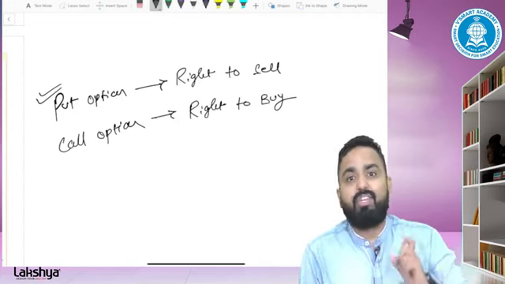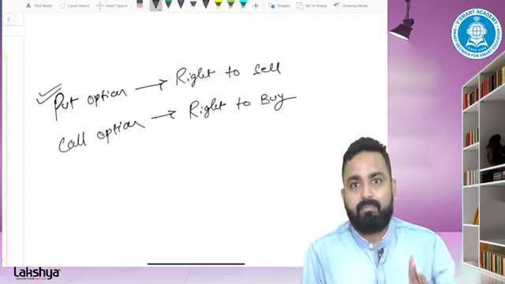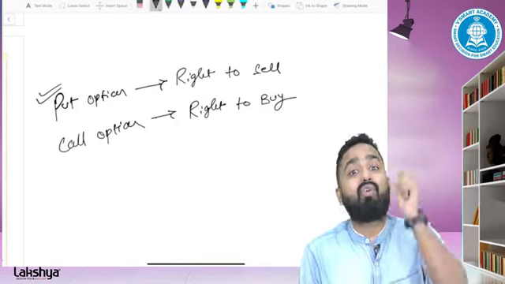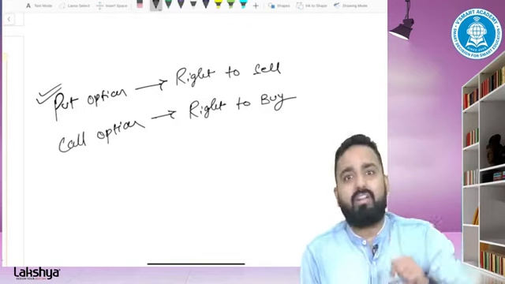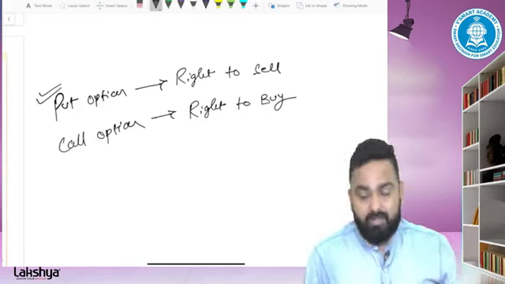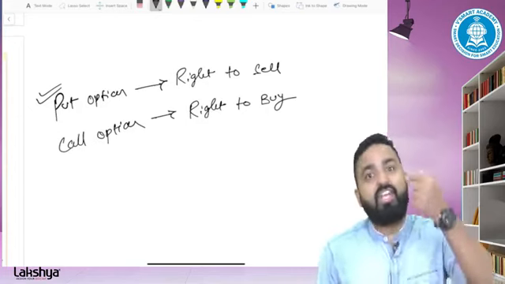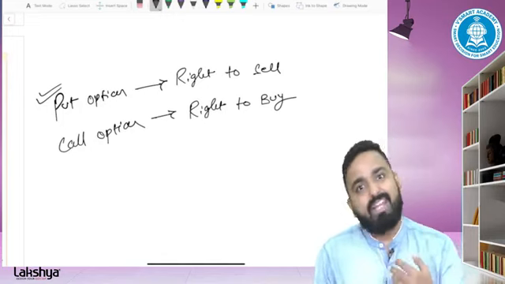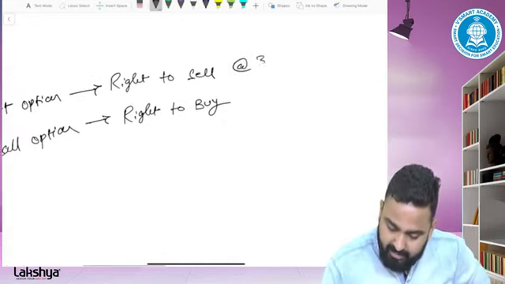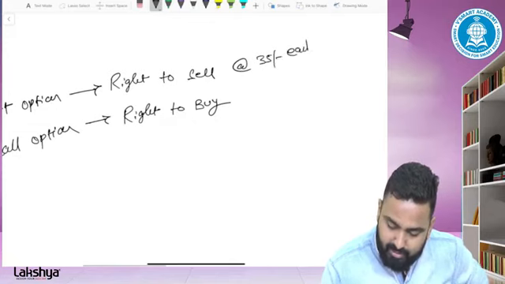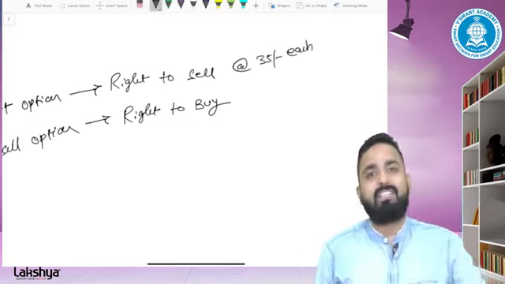That means I am giving you the right to sell the share back to me. That means I will be ready to purchase it at 35 rupees each.